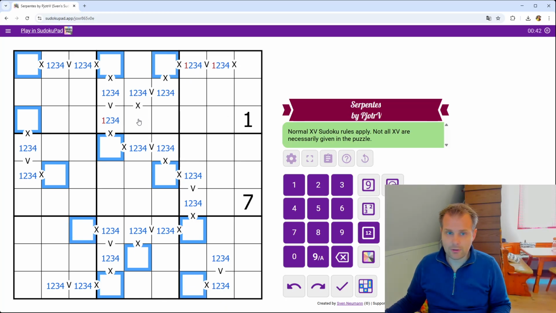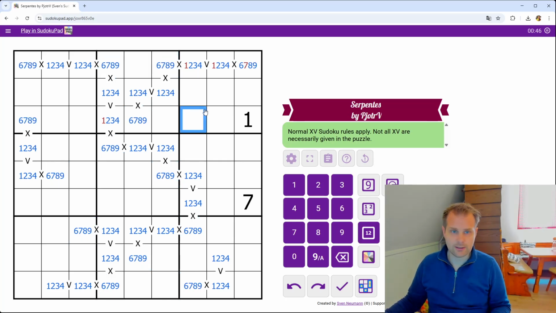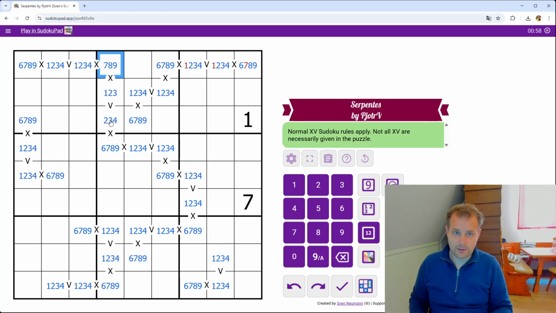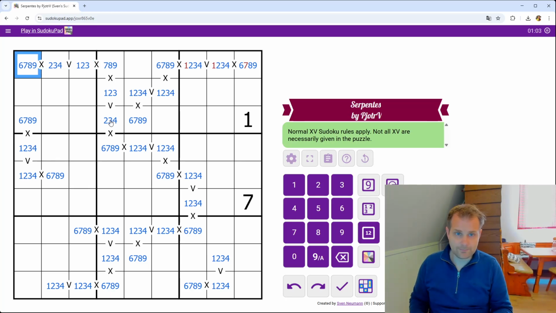So yeah, we can mark those 6, 7, 8, 9. Alright. Well, this doesn't have a 1, so this doesn't have a 4. And because this doesn't have a 4, this doesn't have a 6. And that's not a 4, that's not a 1, and that's not a 9.